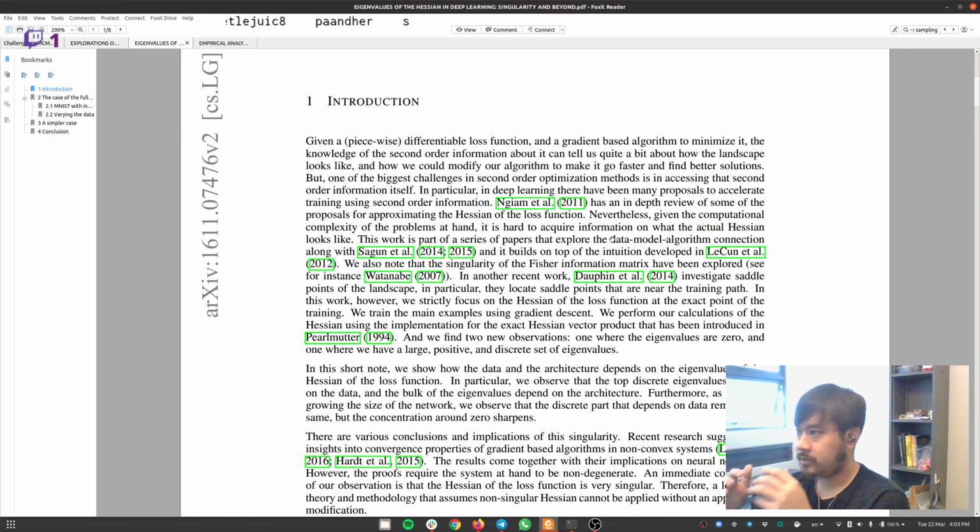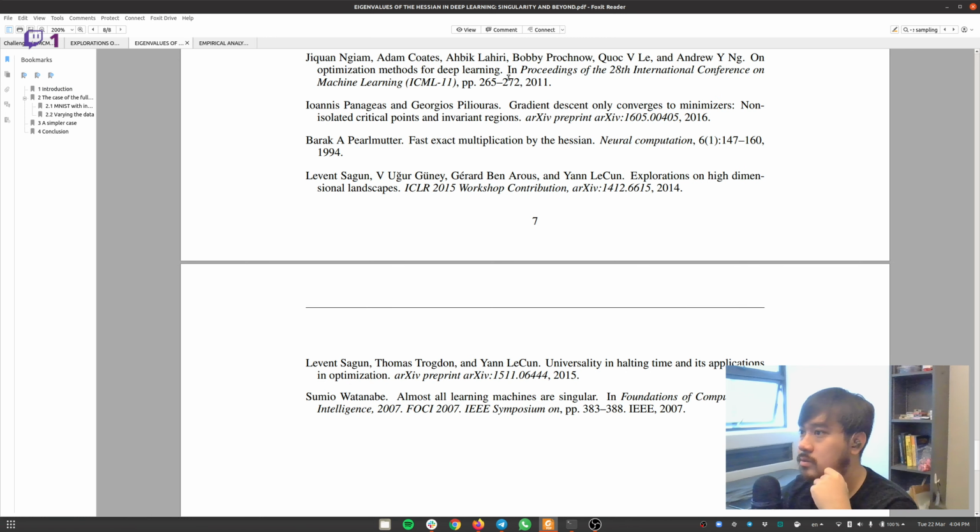Given a piecewise differentiable loss, it has an in-depth review of some of the proposals for approximating the Hessian of the loss function. That's good. I guess I'll just copy.